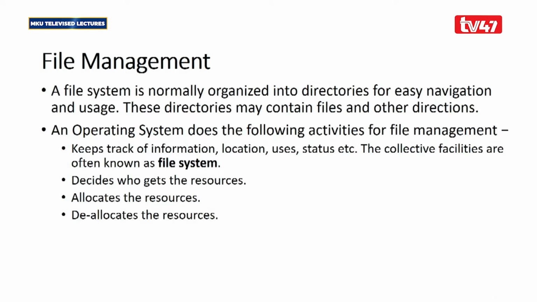Then we have, it decides who gets the resources. Again, it's a job of the OS to decide what file can be accessed, which processor can access which file. Then we have, it allocates resources, and last but not least, it deallocates the resources that are needed in the file manager.